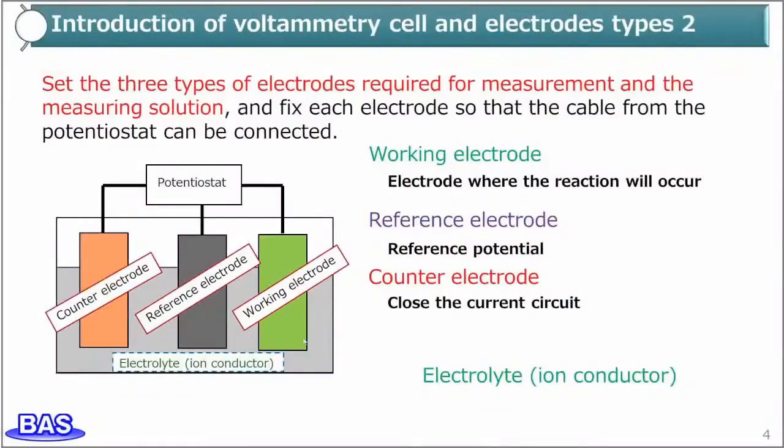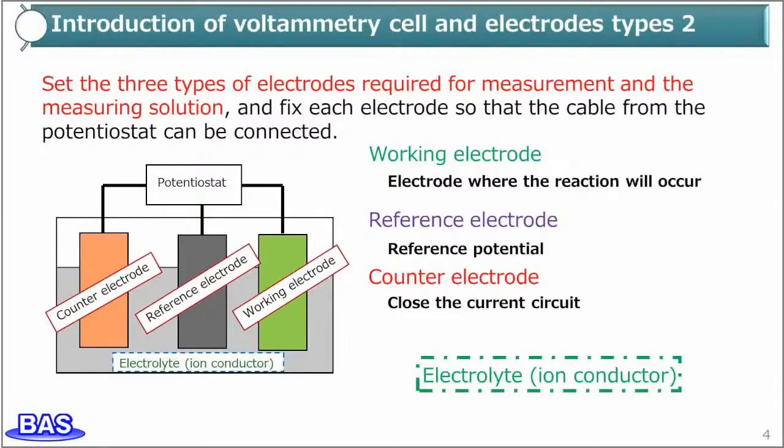In the measurement, set the required three types of electrode and the measurement solution, and fix each electrode so that the cable from the potentiostat can be connected. The working electrode is the electrode where the desired reaction occurs.